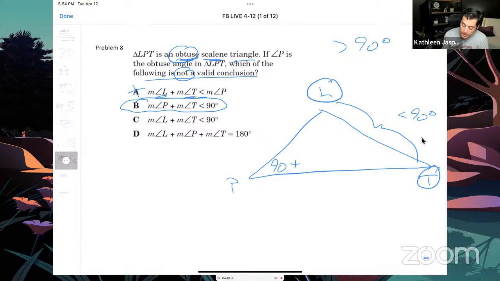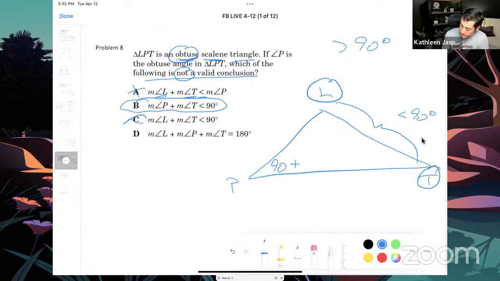If I did 91 and 91, that'd be 1 degree over each one, I'd have 182, and that doesn't work out. Sorry, yes, L and T is less than 90. That's right. Again, even as I look at this, it gets so confusing, so you can see where the trouble can pop up.